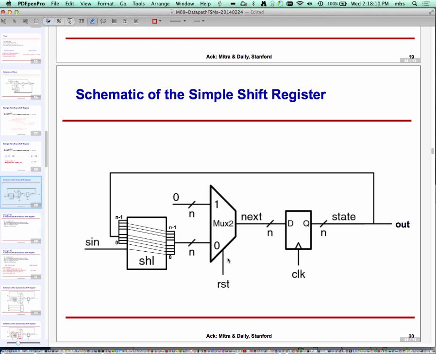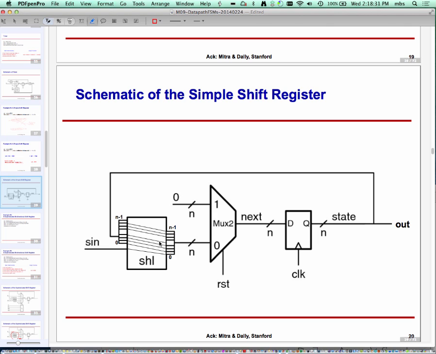So this is what is happening here. I have a mux in front of an n-bit state register. I have a state register, I have a mux, and the way I have wired it up is the following. This is an n-bit mux. I can either feed all zeros to it, so that's the reset case. Whenever reset is high, all zeros go in.